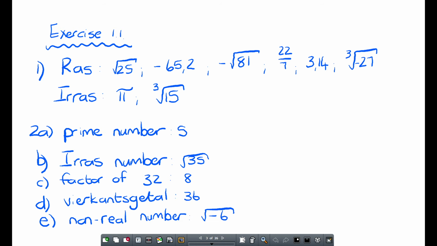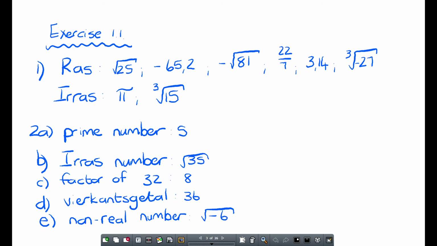Is 1 a prime number? No. Prime numbers would be 2, 3, 5, 7, 11. All of those numbers, the only thing that can divide into them is 1 and itself, so they only have 2 factors.